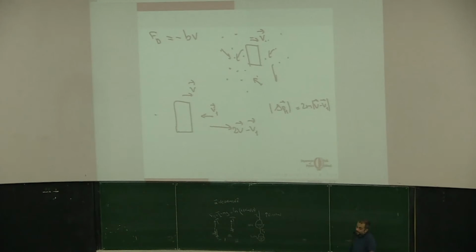Okay. Now let's look at the other one. We have this other one, v2. It will hit this one. Well, we will assume that it moves slowly, much slower than the average speed of the molecules. So it hits this one. It will bounce back.